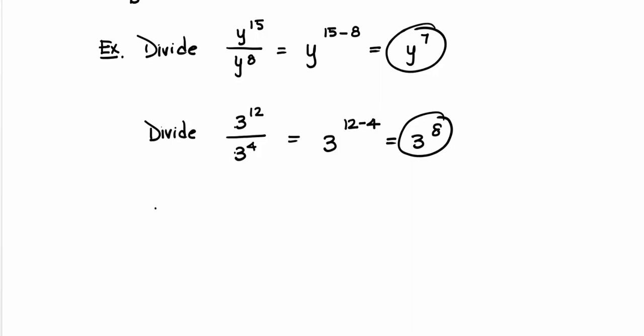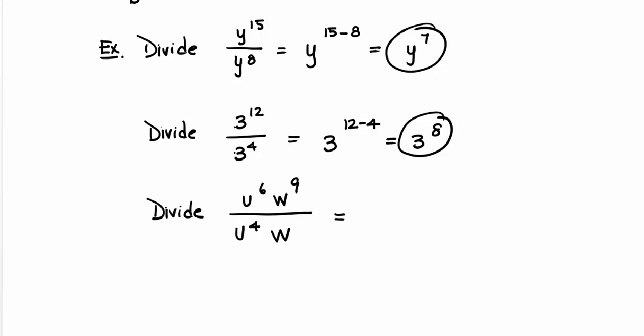And then let's do something that's a little bit more involved. If I have u to the 6th, w to the 9th over u to the 4th, w. I have to take a look to see which ones are similar.